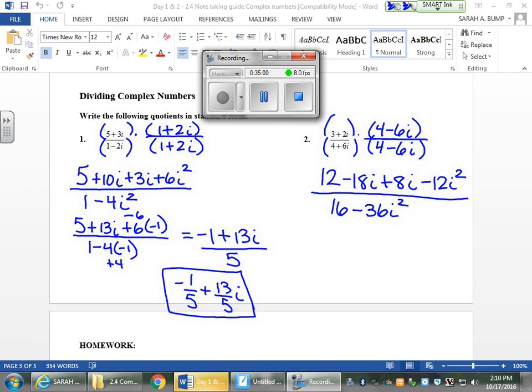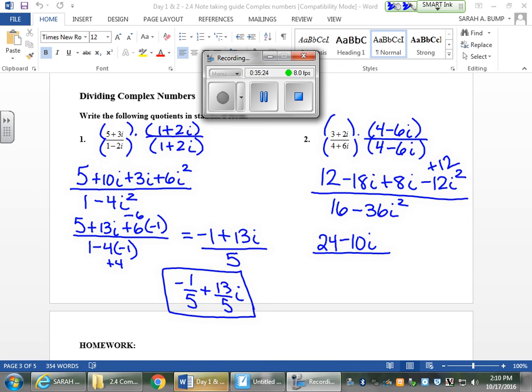Middles will cancel out. In the top, I'm going to skip a couple steps here as we're getting more comfortable, or should be getting more comfortable, with the fact that i squared is negative 1. So negative 12 times negative 1 is going to become positive 12, which I can combine with the other positive 12 to get 24, and then minus 10i when you combine the i's.